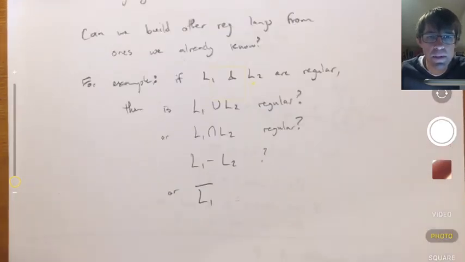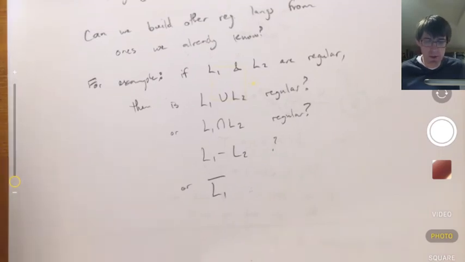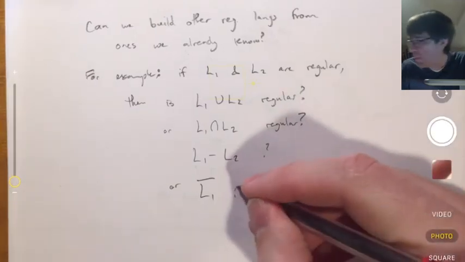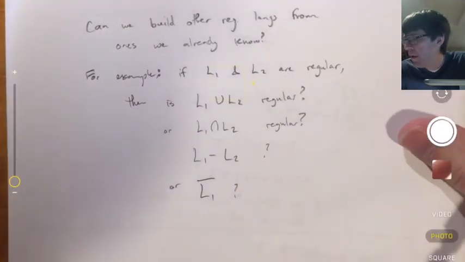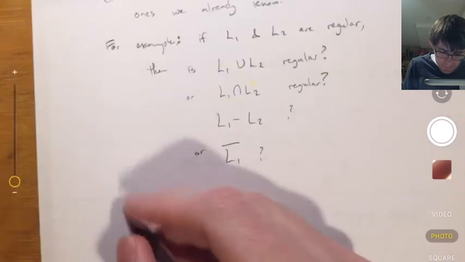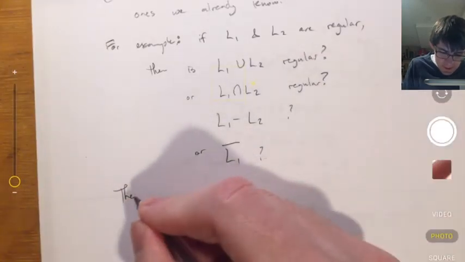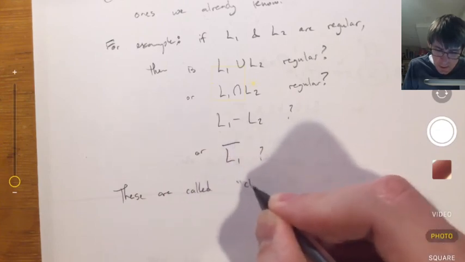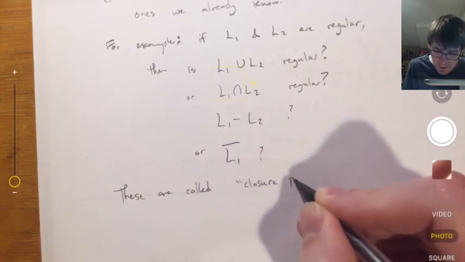The complement of a set, I hope you remember, is all the things which are not in that set. Is that a regular language? These basic ideas here are called closure properties.